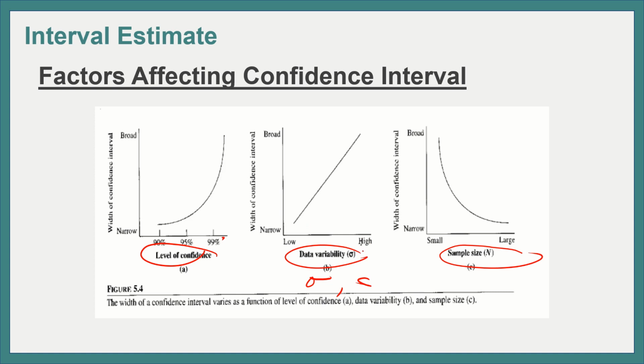The same with the data variability. The higher the value of our standard deviation, the population standard deviation or the sample standard deviation, the broader is our interval estimate. The lower the value of our standard deviation, the narrower or shorter is our interval estimate. But for the sample size, if we increase the sample size, the narrower or shorter is our interval estimate.